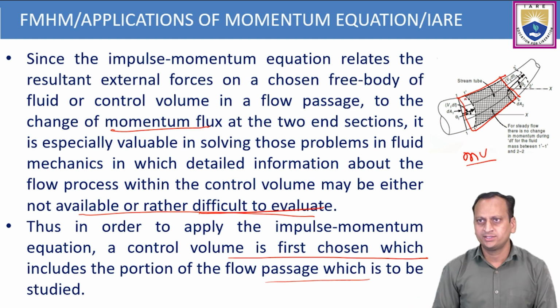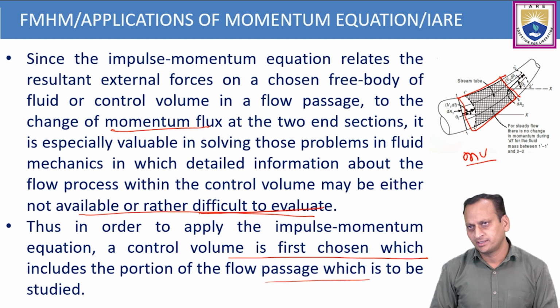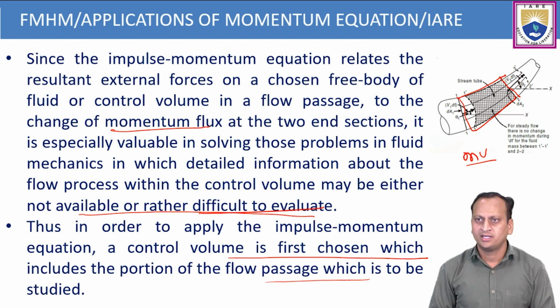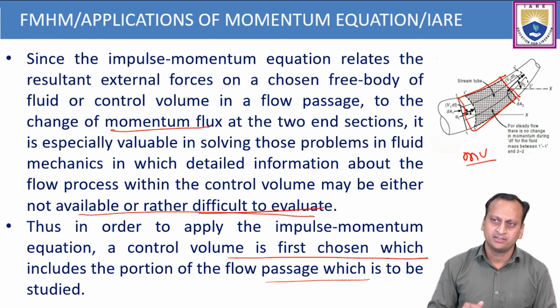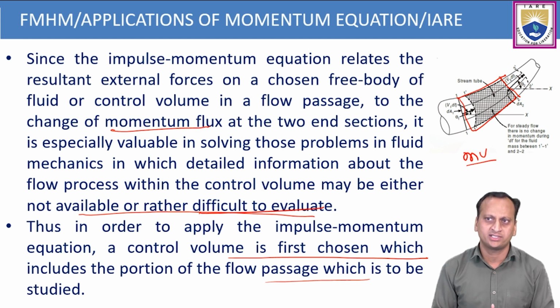In between these two sections we consider the control volume to be studied, with the various parameters and forces acting on it: at the inlet, section 1, what are the directions of flow and forces acting, and similarly at the exit of the control volume, in which direction and by what magnitude they are acting. Some unknown parameters can be evaluated by application of the impulse momentum equation.